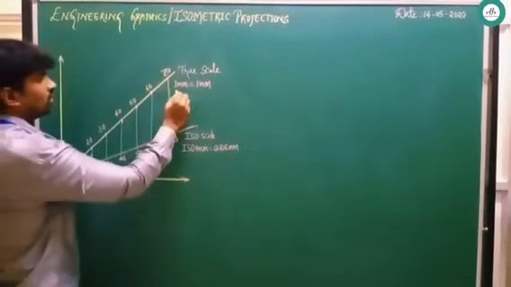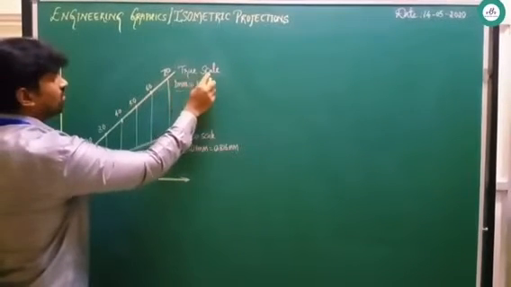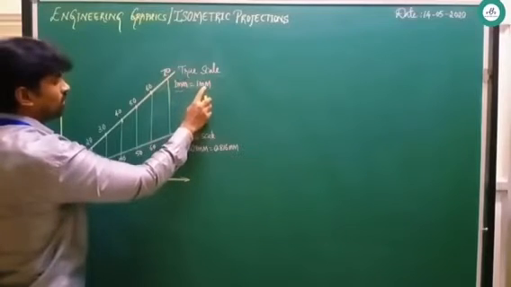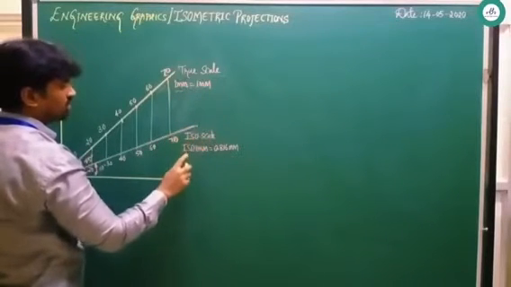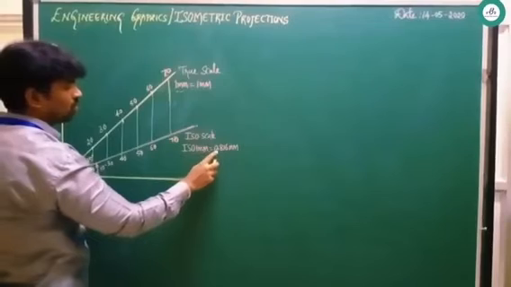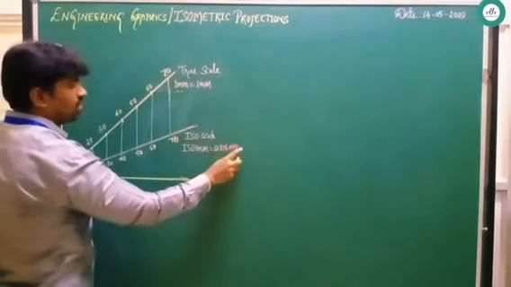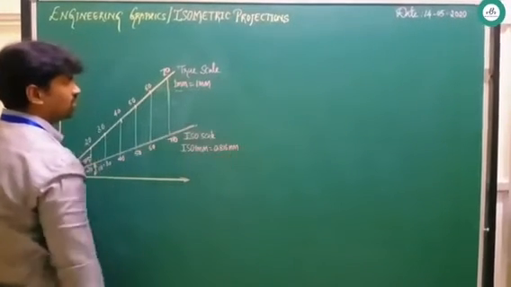One thing you need to remember: in true scale, 1 mm is equal to 1 mm, whereas in iso scale, iso 1 mm is equal to 0.816 mm of the true scale.